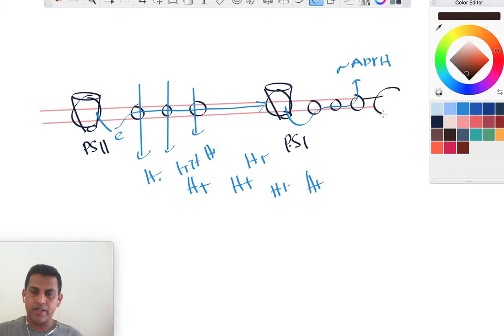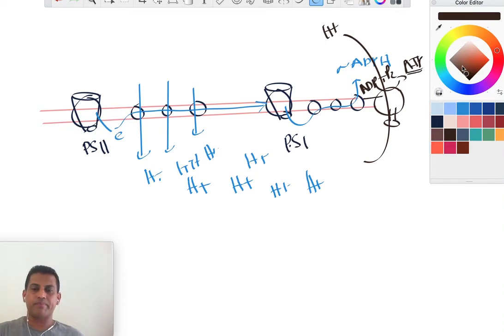So this hydrogen ion gradient is used to pump the hydrogen out. When the hydrogen ion is pumped out, the energy of this gradient is used to convert ADP plus phosphate into an ATP molecule. So ATP is formed and NADPH is formed in the stroma.